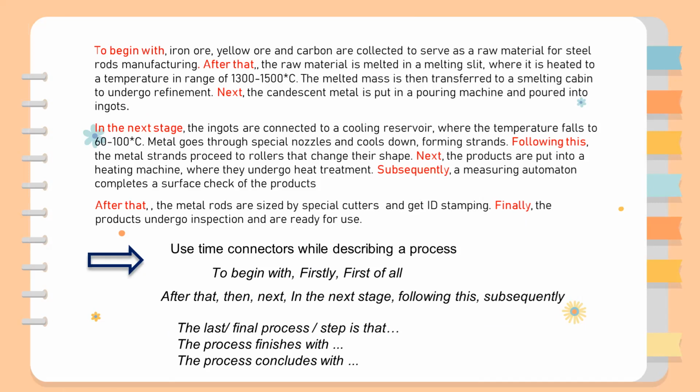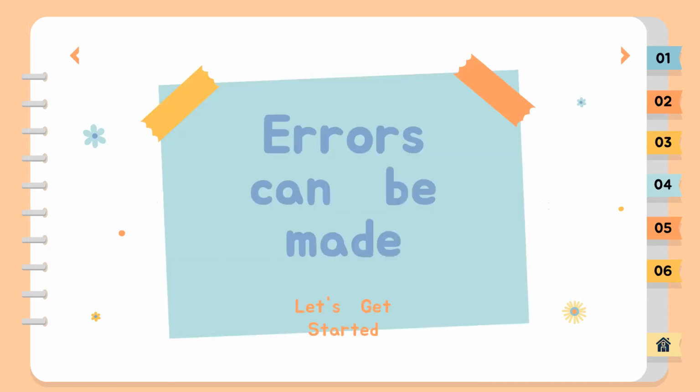And to describe the last stage, you can use words like the last or final process, or even the process finishes with. Okay, so moving on to the final part, I will show you the errors that you can make while doing this type of diagram.